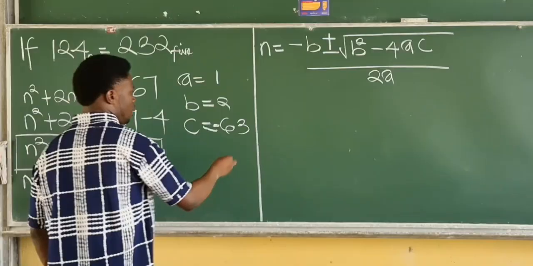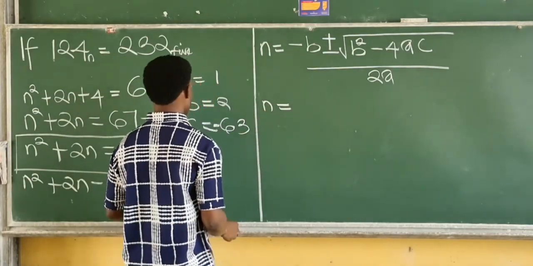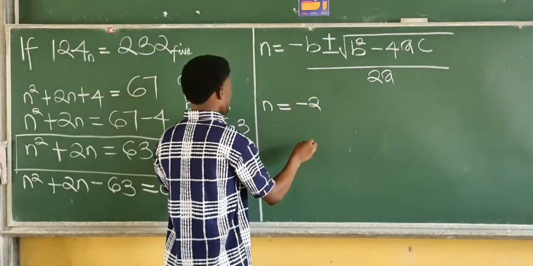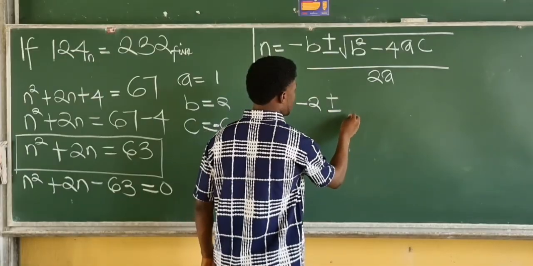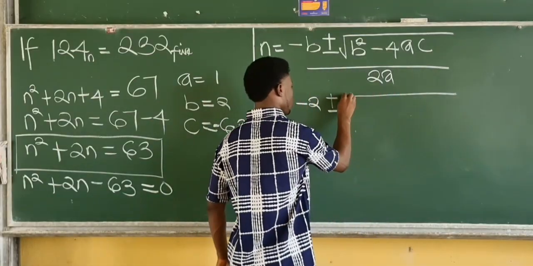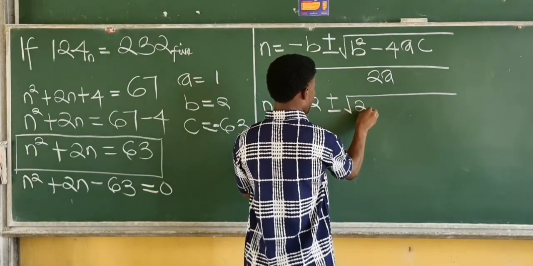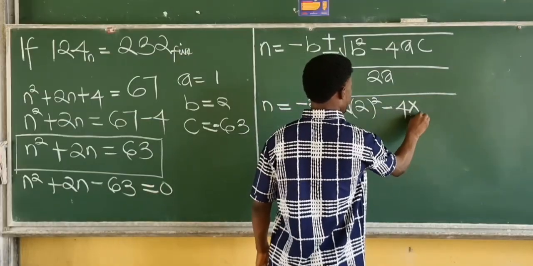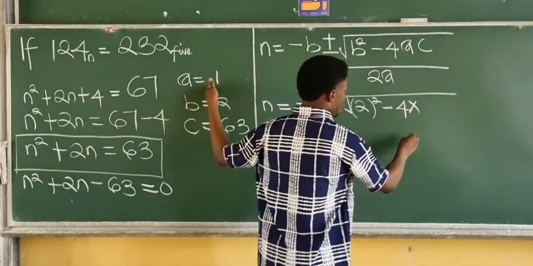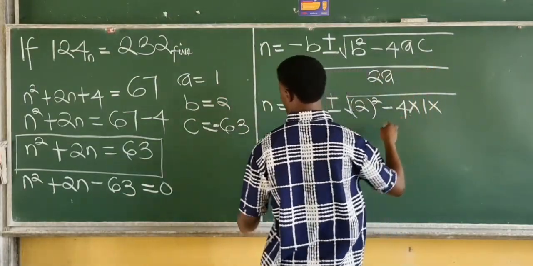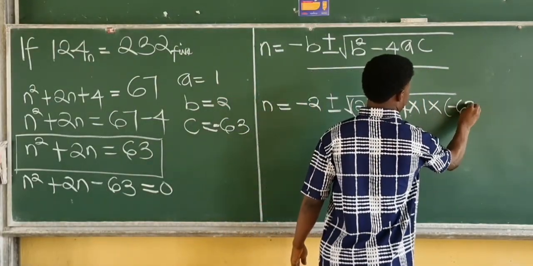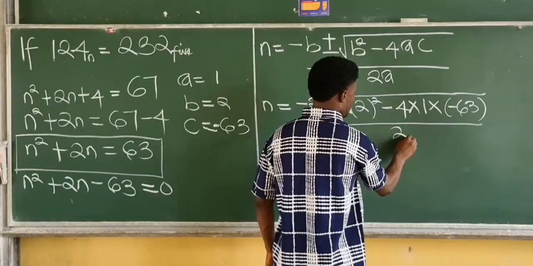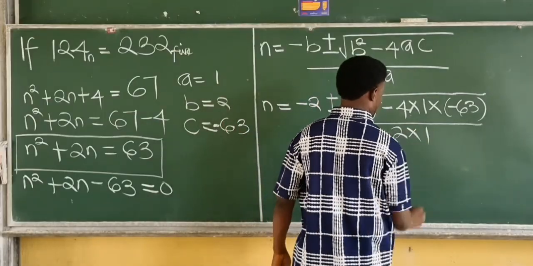Alright, let's substitute. n is equal to, my b is 2, therefore minus 2 plus or minus square root of 2 raised to the power of 2 minus 4 times a is 1, so 4 times 1 times c, and c is minus 63, all over 2 times a, which is 1.